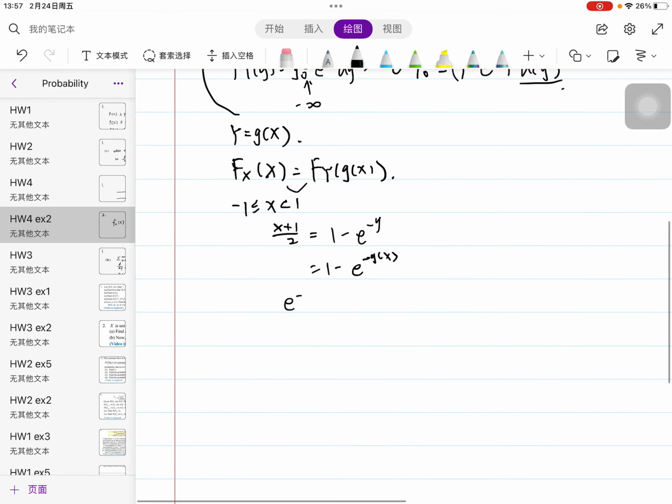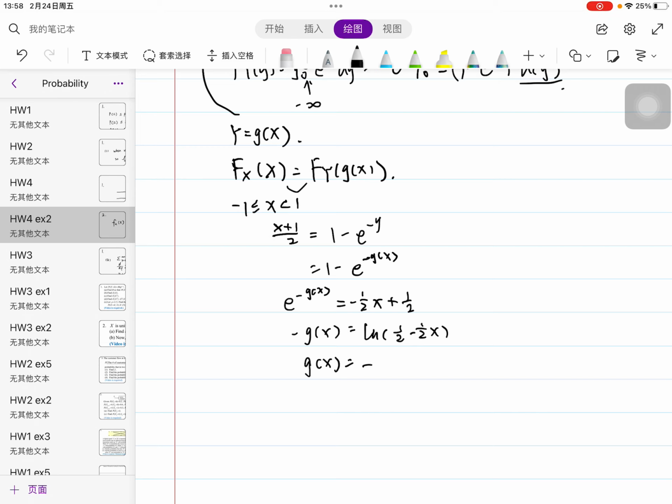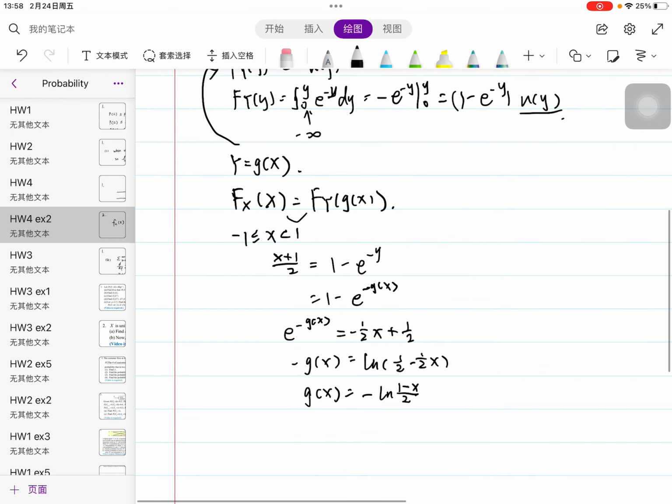So g(x) equals minus, and we take the log here. So g(x) equals ln of 1 minus x over 2.